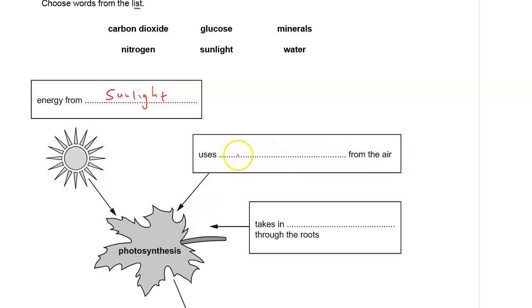This is photosynthesis. So the arrow here indicating uses dash from air. Of course, photosynthesis requires carbon dioxide. We've already used that. So the next one is carbon dioxide. It is the one which is turned to glucose. Then takes in dash through the roots. Of course, you need water. So it takes in water through the roots. We have water right there.